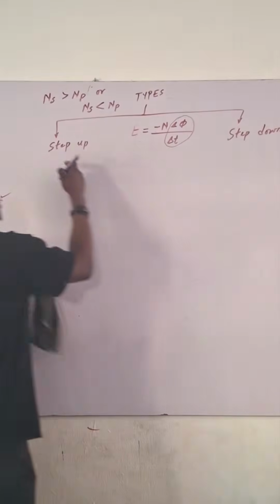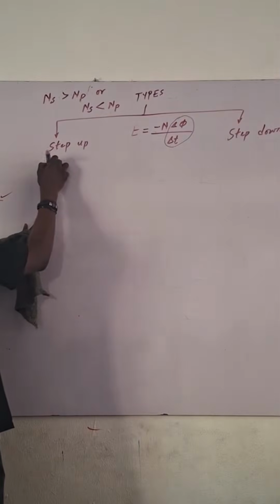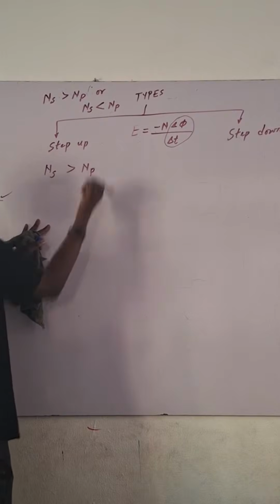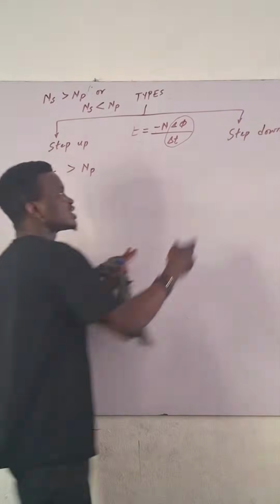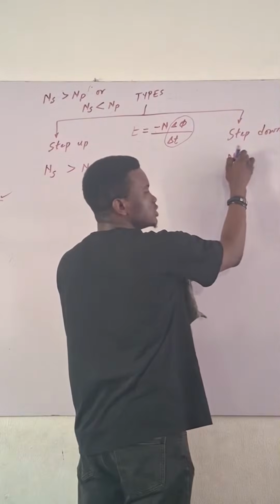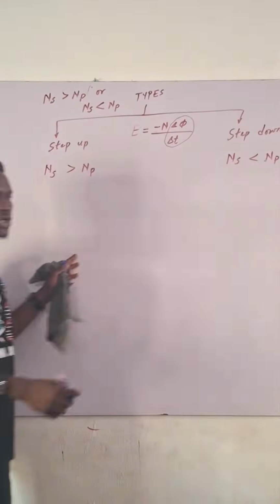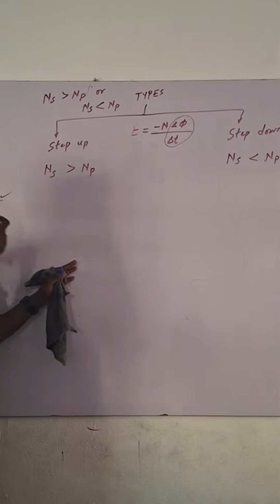So now, for a step-up transformer, your number of turns of secondary must be greater than your number of turns of primary. For step down, your number of turns of secondary must be less than your number of turns of primary. We don't need to start drawing the diagrams again.